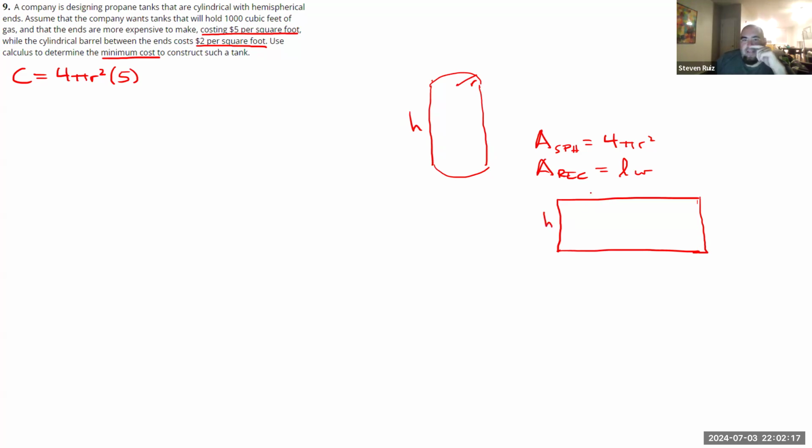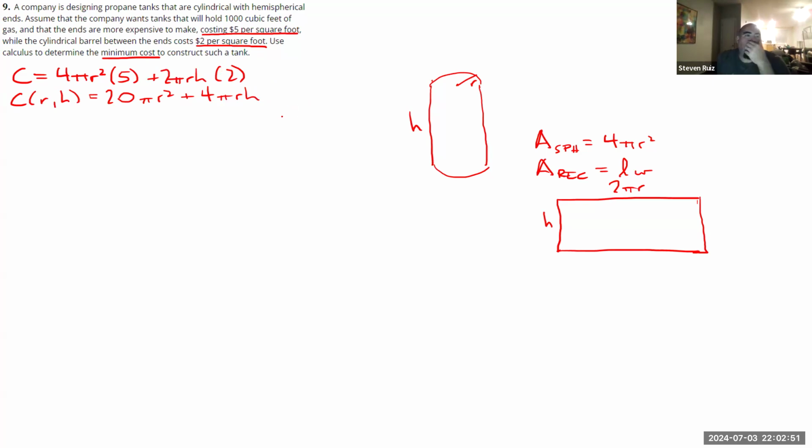How long is the other side? That length is the same as the circumference of the circle, so that'll be 2 pi r. So plus 2 pi r h, and that costs $2 per square foot. So my cost function in terms of radius and height is equal to 20 pi r squared plus 4 pi r h.